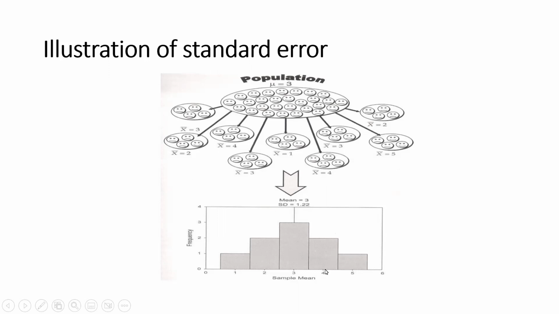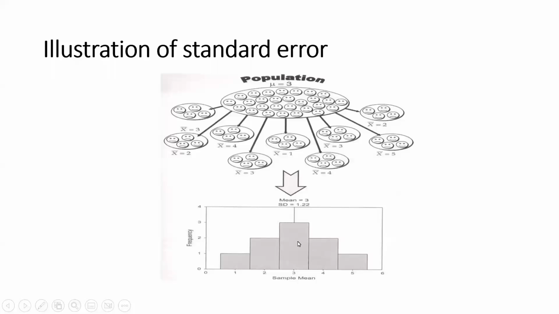Now, how did I get this graph? I'm plotting the mean versus the number of times of occurrence of that mean. Let's look at it. Frequency of occurrence of 1 is once. Let's look at all of the samples. Mean of 1 occurs once. Frequency of 2: 2 occurs twice, there's a 2 here, there's a 2 here.